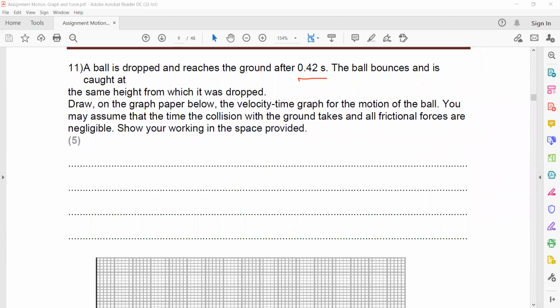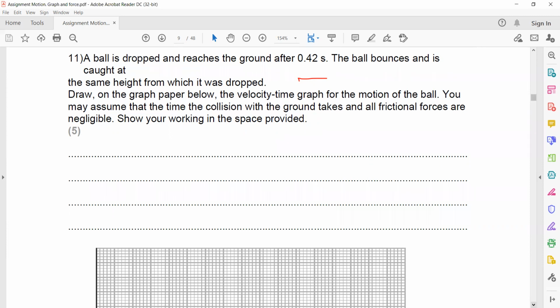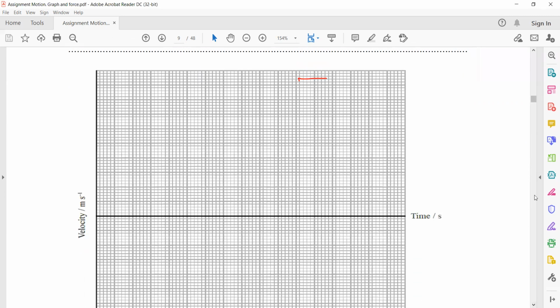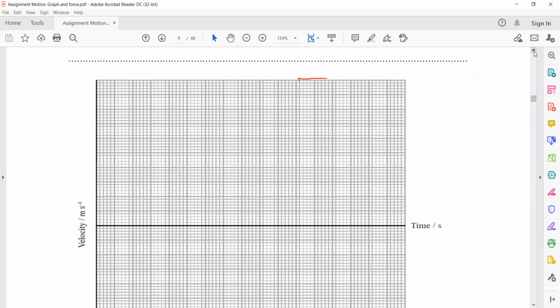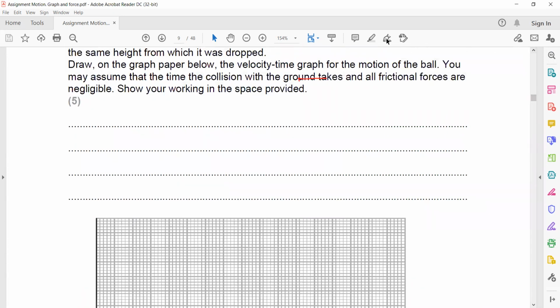So first thing, when an object is dropped from a certain height, its initial velocity should be 0, and it should have a constant acceleration. So we will first find the velocity at which it hits the ground. So v equals u plus at.